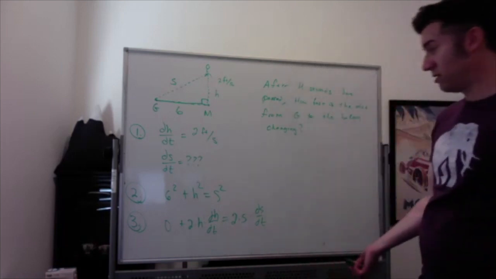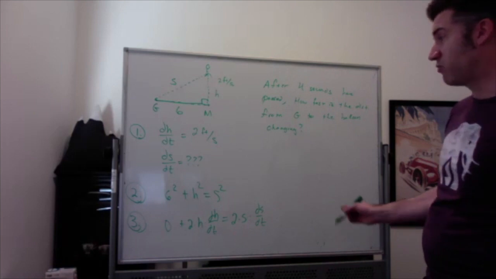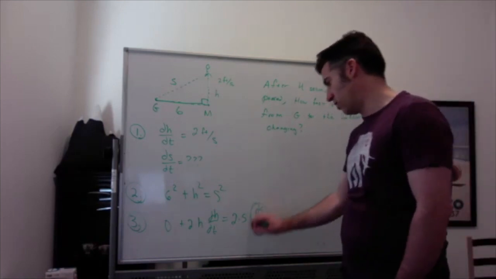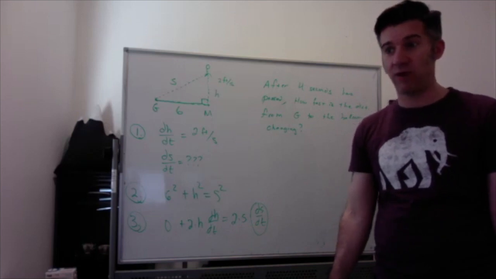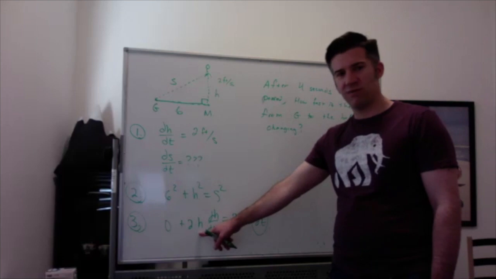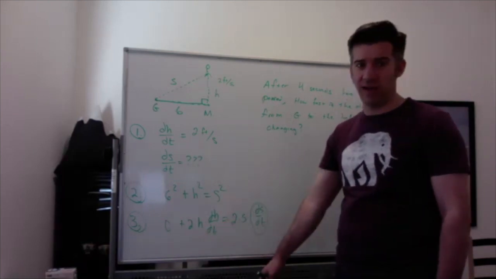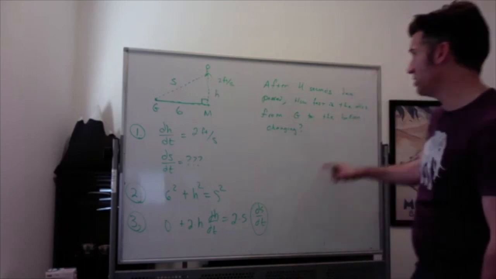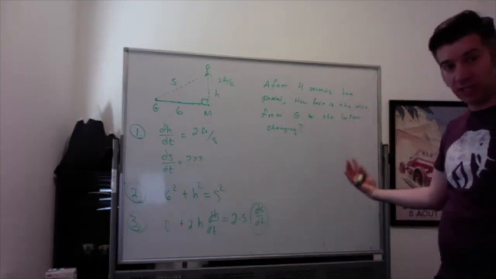All right, so now we're going to plug in what we know and solve for what we don't. So again, I'm trying to solve for this, right? That's what I want to know. Typically, you should be able to plug in for every other thing that you don't know. So let's see. Do I know h? Well, kind of, right? I don't know it right off the top of my head, but if I read the question again, we're looking at the moment 4 seconds after she released the balloon.